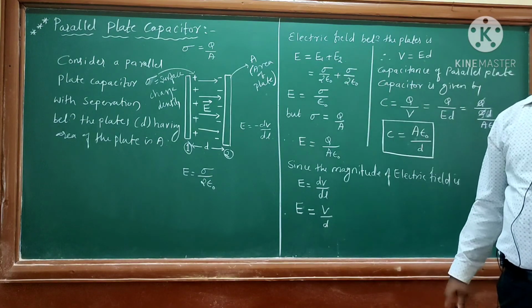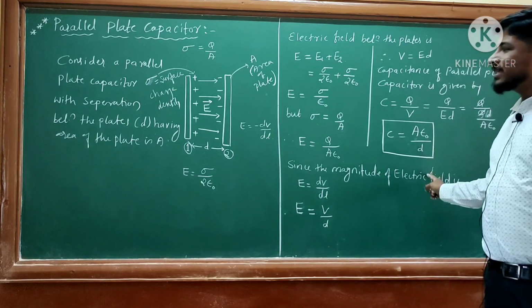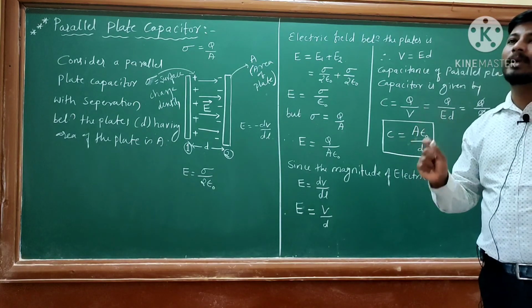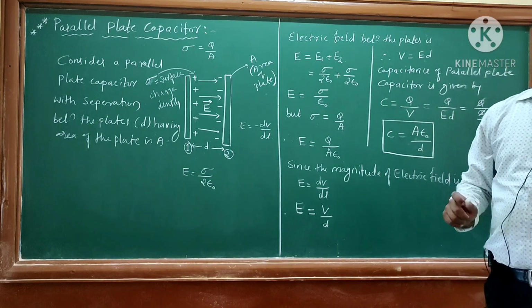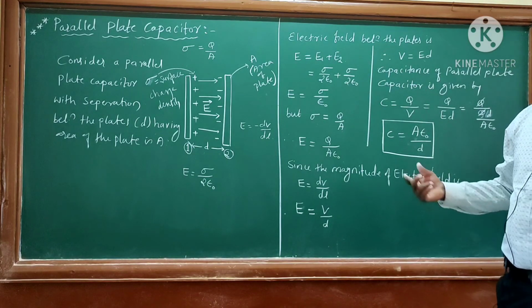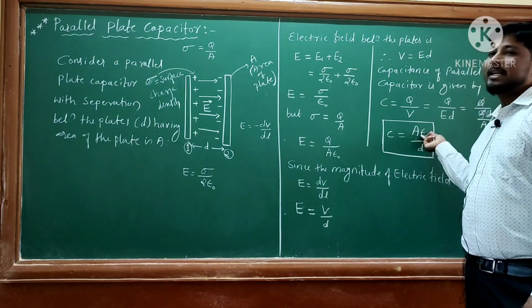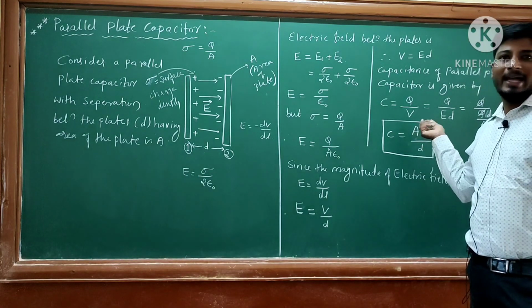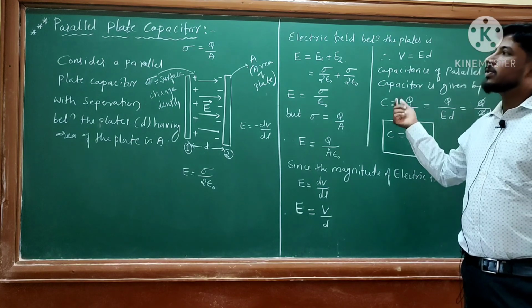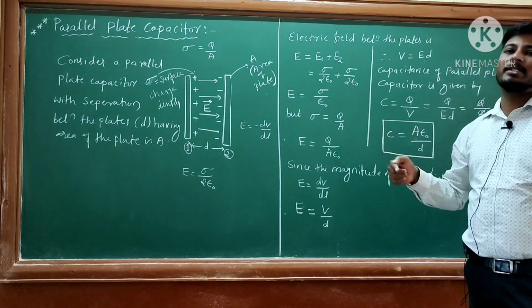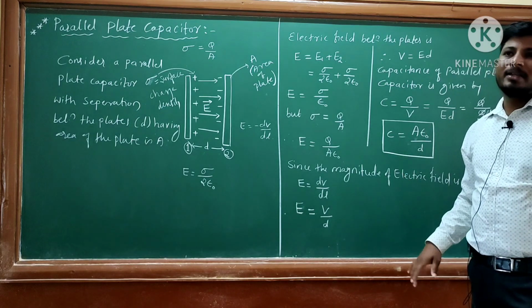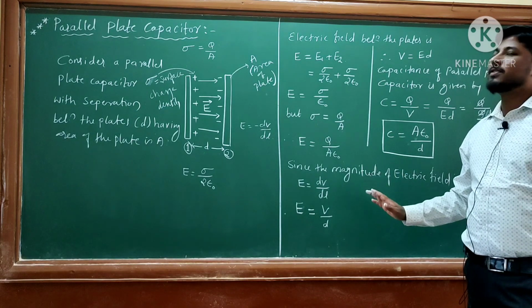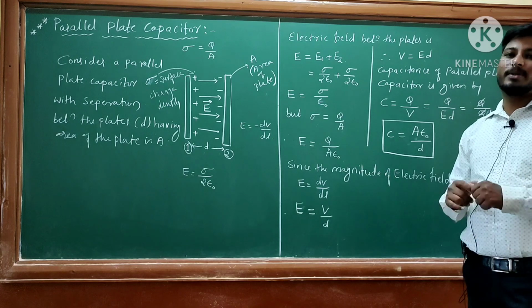By decreasing the distance between the plates we can also increase the capacitance. And by using a dielectric medium of high value, we can also increase the capacitance of the parallel plate capacitor. So this is the expression for the parallel plate capacitor.